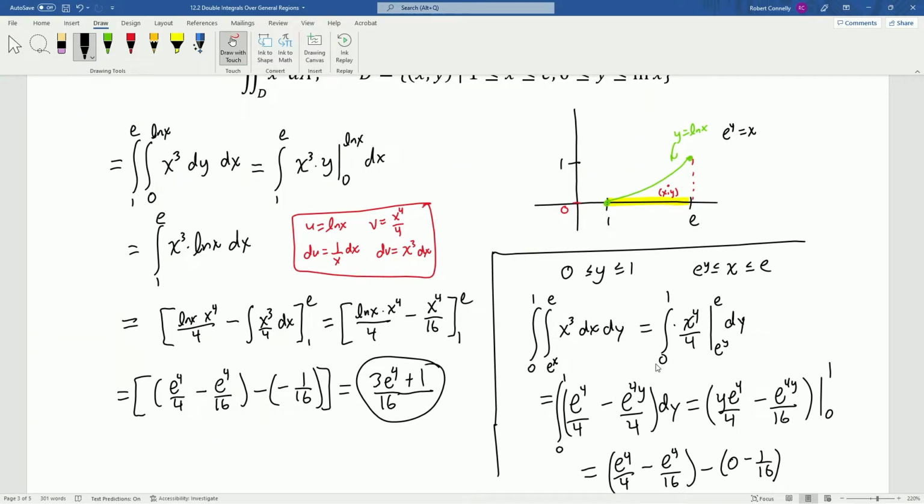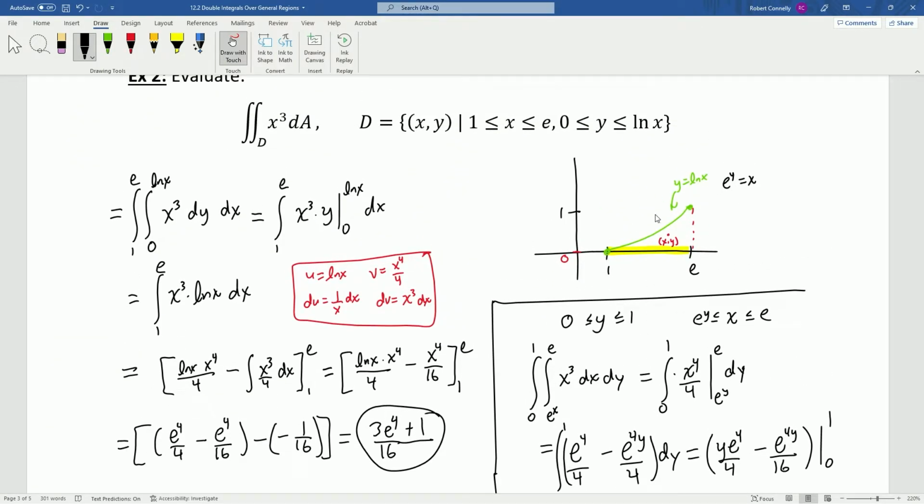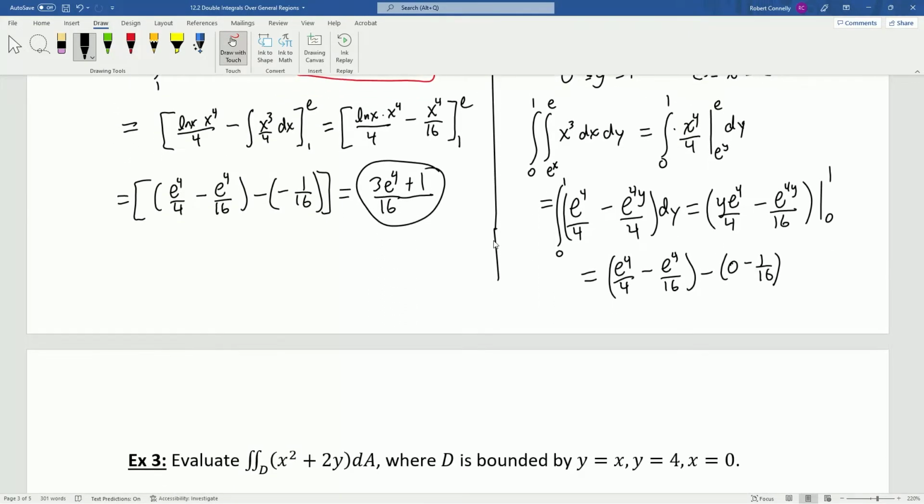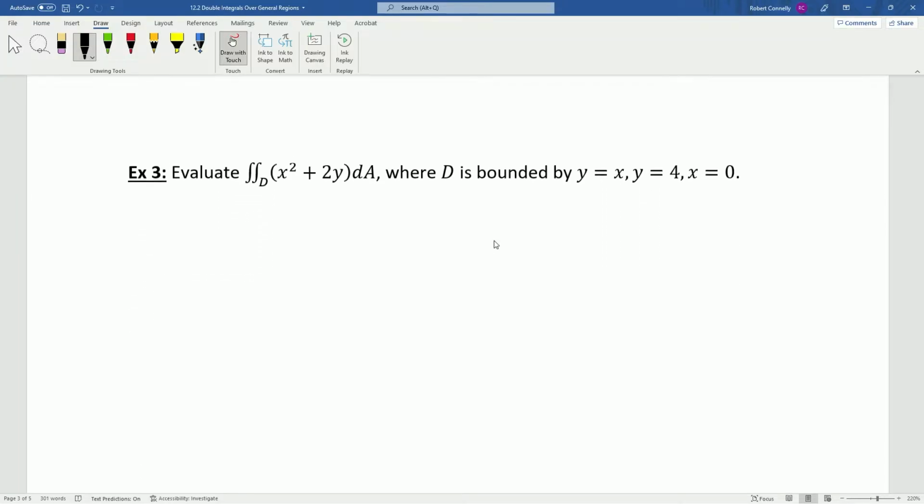It can make the integral easier, but maybe it's a little harder to figure out how to describe your region. But also keep in mind that if you can't write your region in that other way, then you're not going to be able to make that change, and you just have to integrate with respect to the variable first that you can. Okay, so with that out of the way, let's go ahead and move on to another problem.